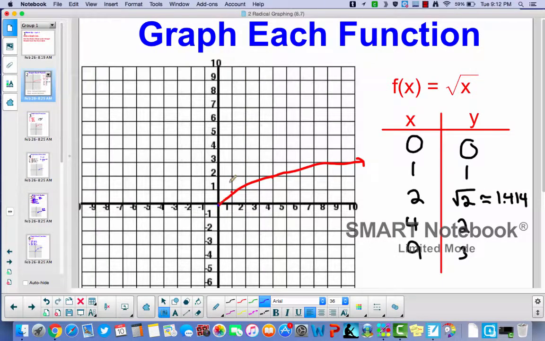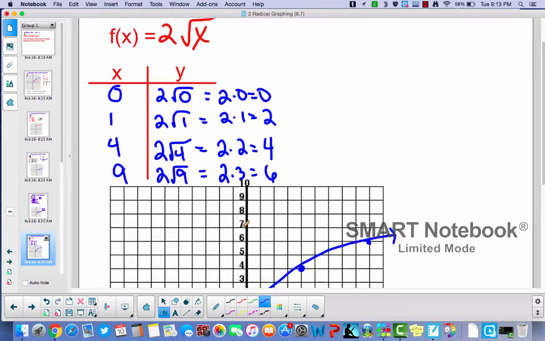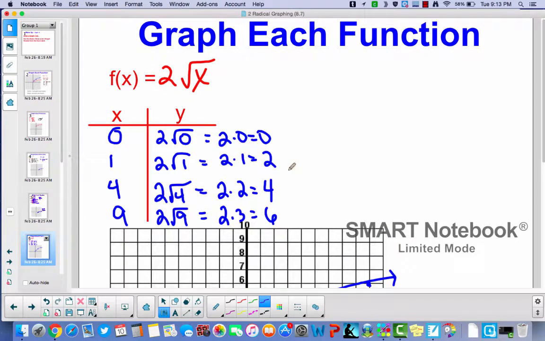It was here. That graph was 2 times the square root of x. It was here, here, here, and here. We call that a vertical stretch. So when we multiply here, we take and we get it bigger.